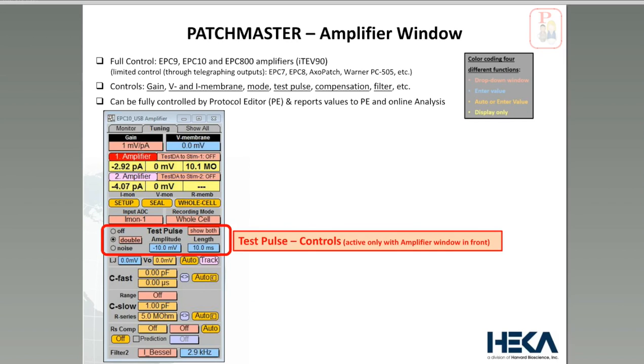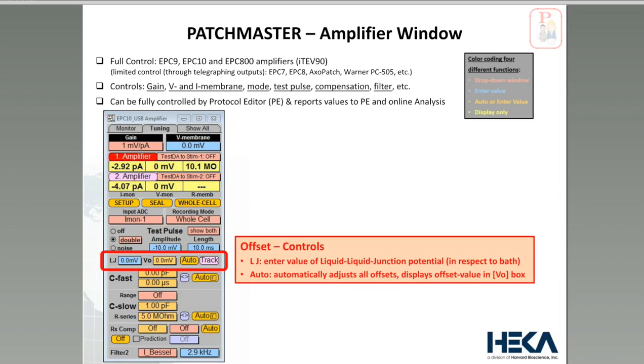Then underneath it is an area where you can control the test pulse, and we will go into much more detail about the different functions here in the live demonstration.